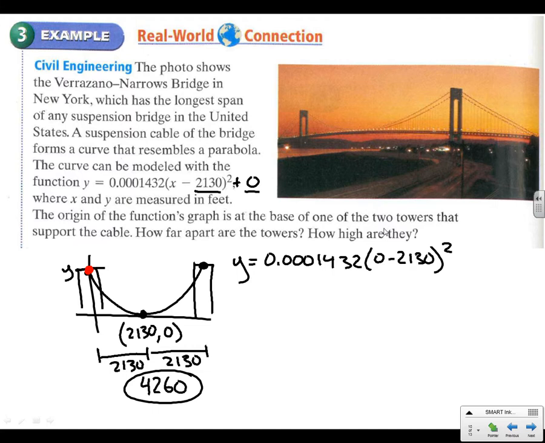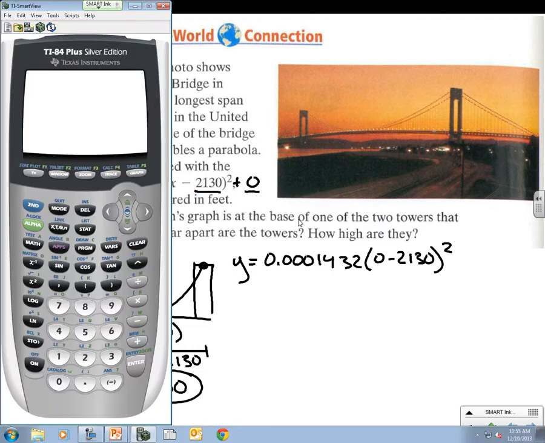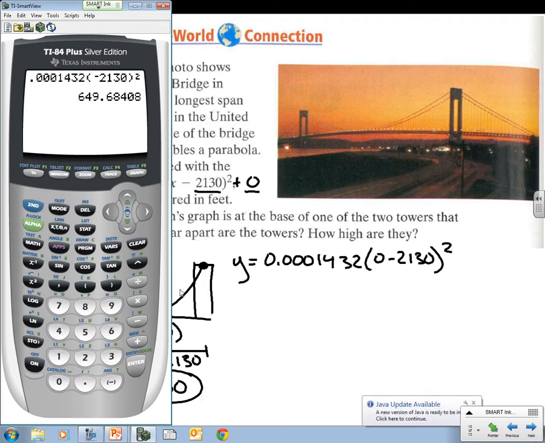Don't expect you to be able to do that in your head. Let's go grab a calculator. So we've got 0.0001432, and then we have negative 2130, and that's being squared. Hit enter, and 649.68. That's going to be the height of the towers for the suspension bridge.